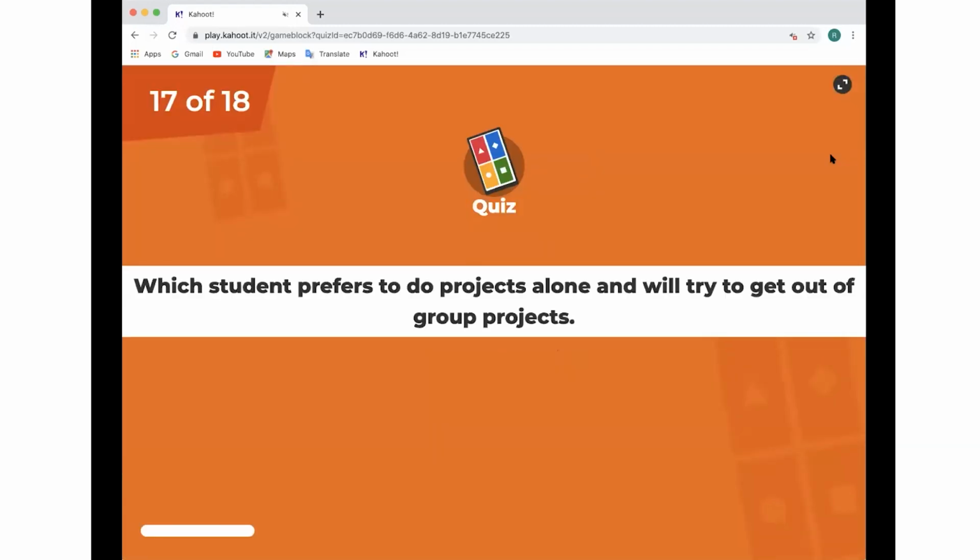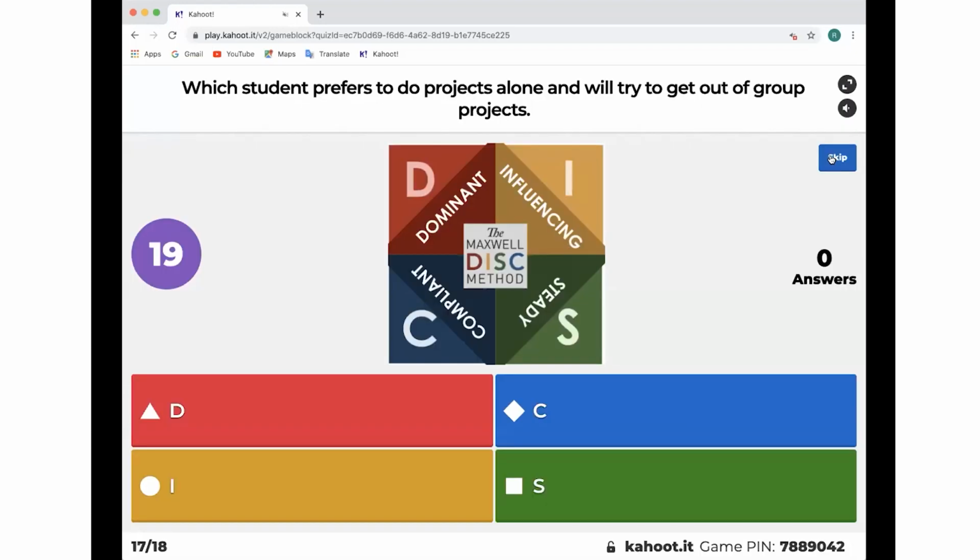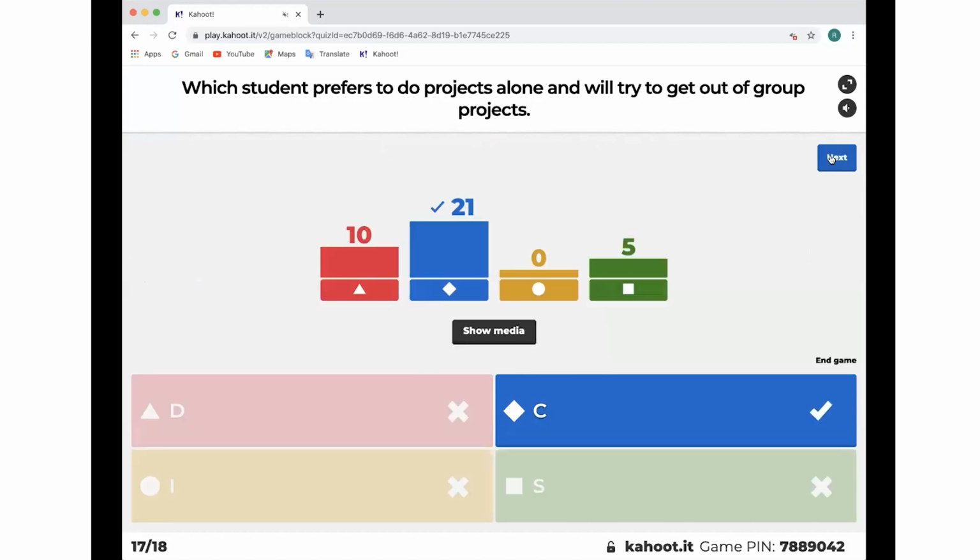And two more. All right. C's are definitely the main one here, but D's also, if they feel like they can do it better than the group, they don't want to be in the groups.